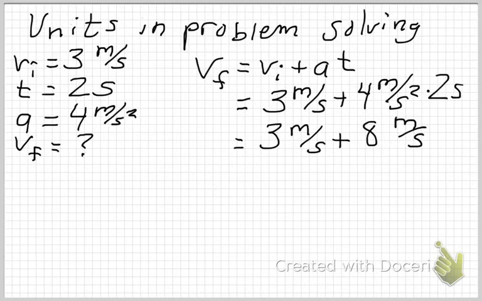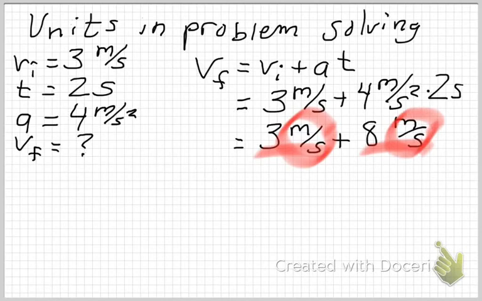We stumbled upon an important property of units, where we're going to add a number with units of meters per second to another number with units of meters per second. Whenever you find yourself adding numbers with units together, the units of both terms have to be the same.